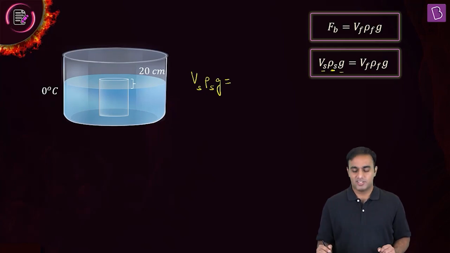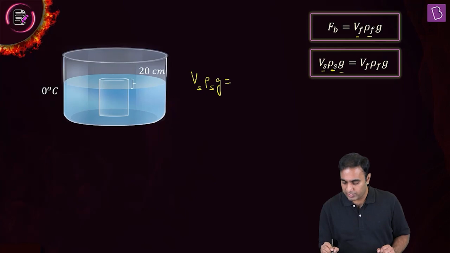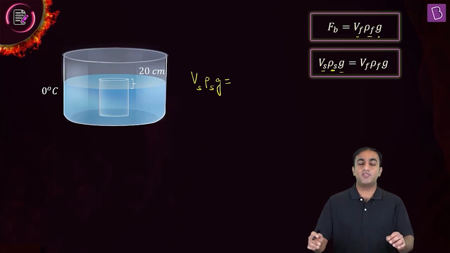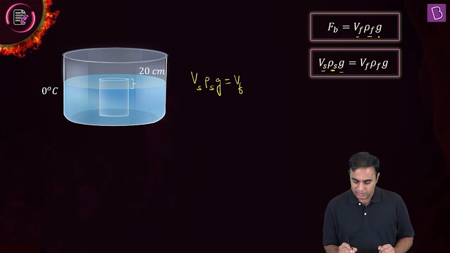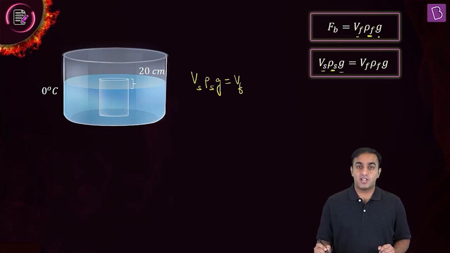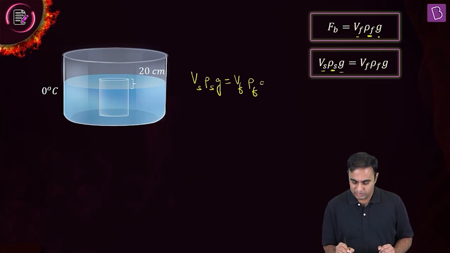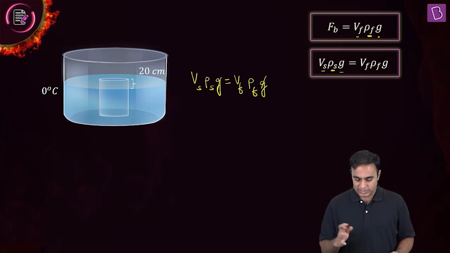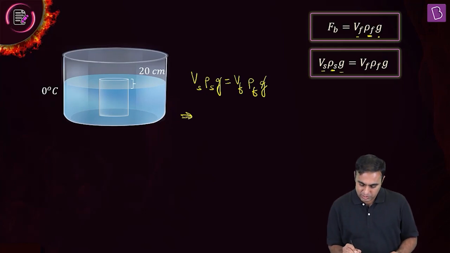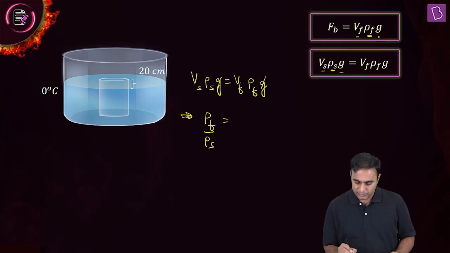You write it as Vf into rho F into g. What is Vf? The volume of the cylinder immersed in water at 0 degrees Celsius, into rho F, the density of water at 0 degrees Celsius, into g. Now, if you cancel g on either side, you get the ratio of rho F to rho S to be equal to Vs by Vf.